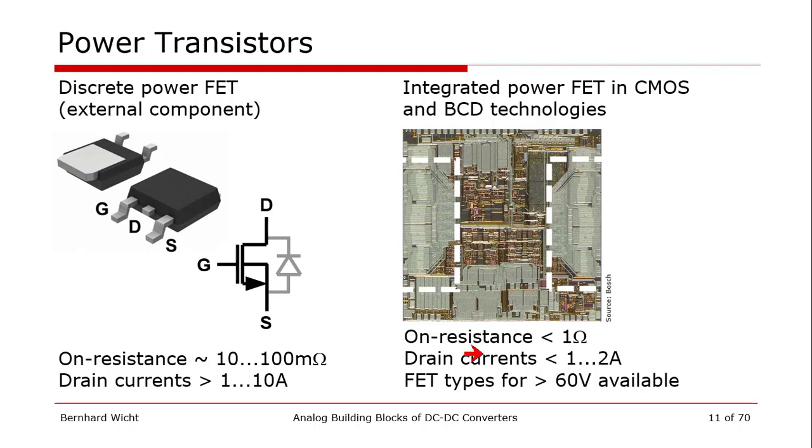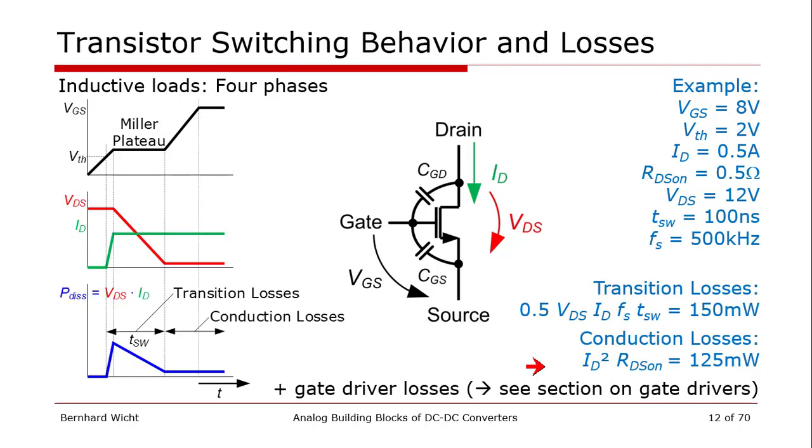Typical on-chip on resistances are in the range below 1 ohm, so 100 milliohms is easy to achieve. It takes some layout area, but it's doable. And we can carry currents in the range of a few amps across the die. And that all comes together with voltage capabilities up to 100 volts typically. So that's quite interesting. That's why we put the emphasis on integrated power stages in the next few minutes.